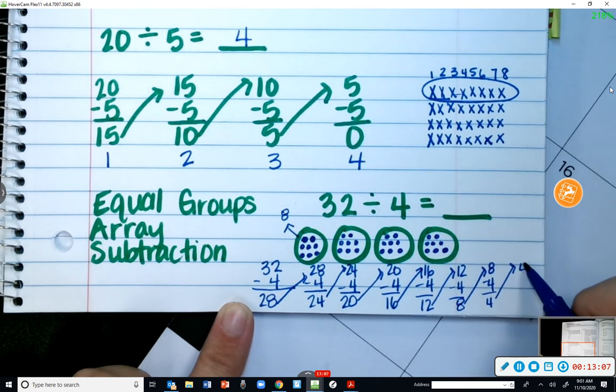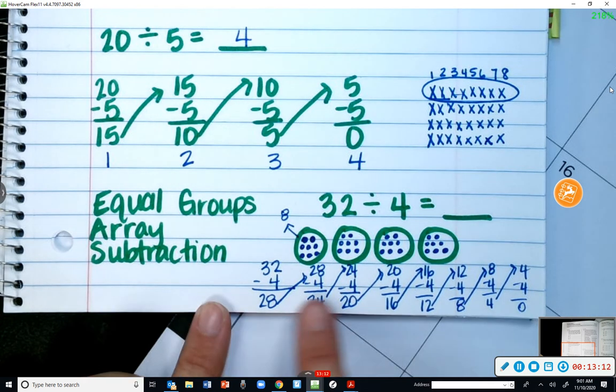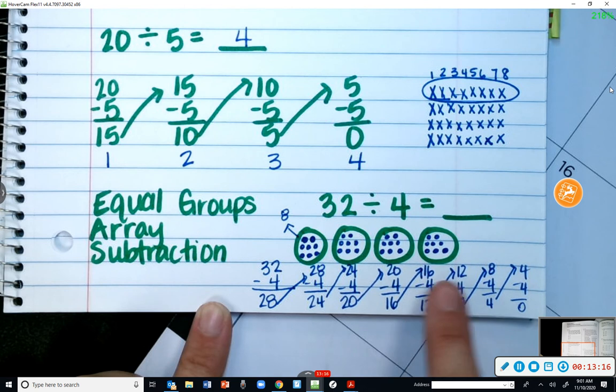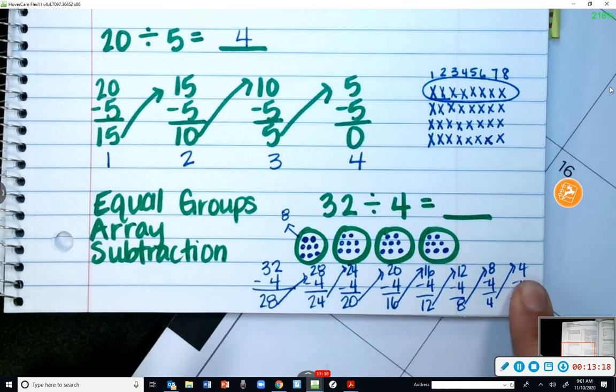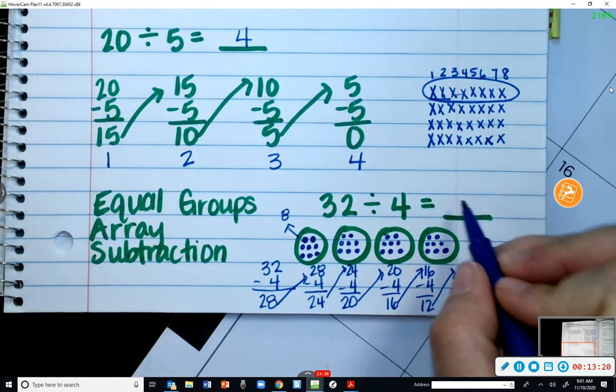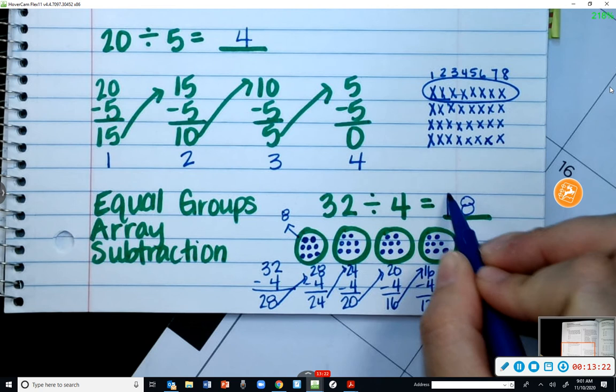And 4 minus 4. 0. I count how many times we subtracted. There's 1, 2, 3, 4, 5, 6, 7, 8 times. So 8 for sure is my answer.